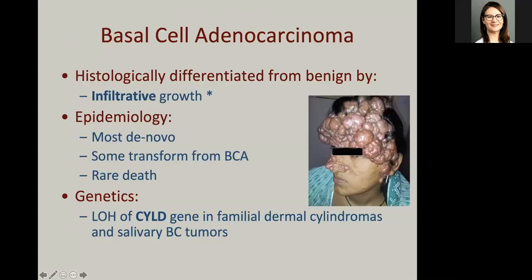Basal cell adenocarcinoma, of course, is differentiated by invasion, right? Infiltrative growth. Here's an example of that, a patient with familial dermal cylindroma, so turban tumor, so-called, due to loss of heterozygosity of the CYLD gene.